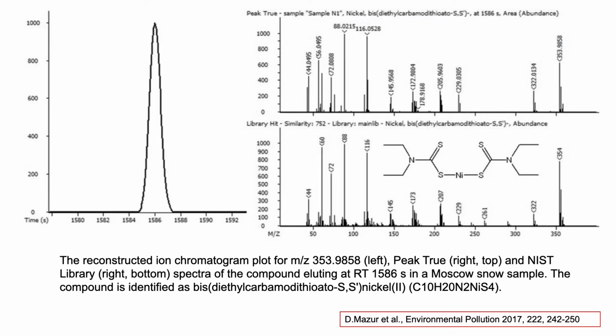We managed to find quite a number of very interesting compounds. Just one example, look at this nickel-containing compound. I didn't think that this compound could pass the column, but it passes the column, and definitely it is what is mentioned here, because the library score is very nice, and accurate mass measurements confirm the identification.